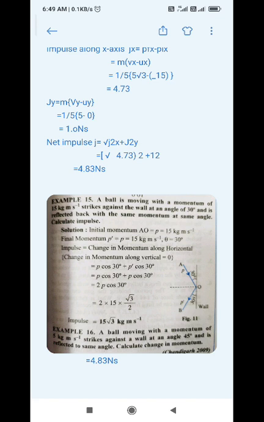Now the change in momentum is along the horizontal. But the change in momentum in the vertical is 0, because the ball does not move vertically. So we will resolve the initial momentum along the vertical and horizontal components: P cos theta and P sin theta.